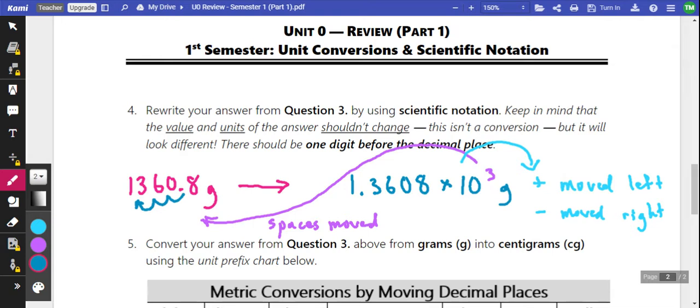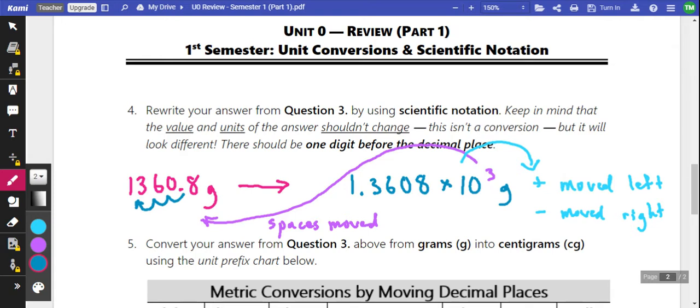The number of particles in just an everyday sample of chemicals can be times 10 to the 23rd, which would be like 23 zeros after your first number. It's a nutty amount. It's huge. So we use scientific notation for those ridiculous numbers that are very, very small or very, very big. So even though it doesn't look super helpful here, it will be helpful later. Again, I promise. There is a reason we're doing it.